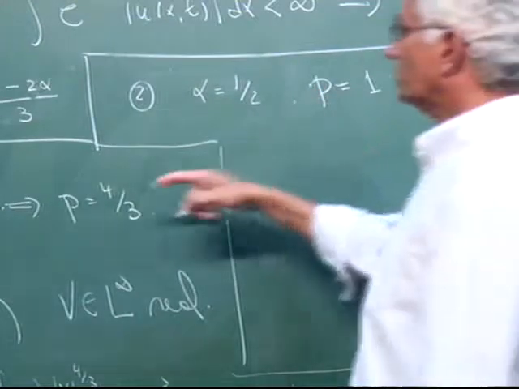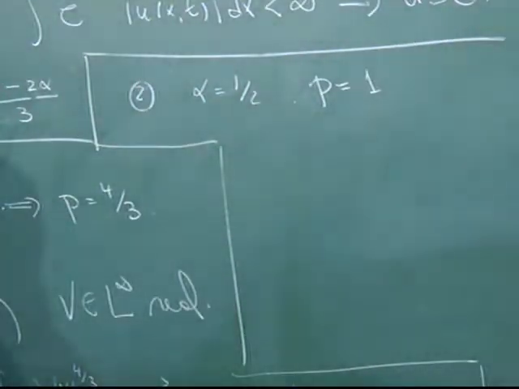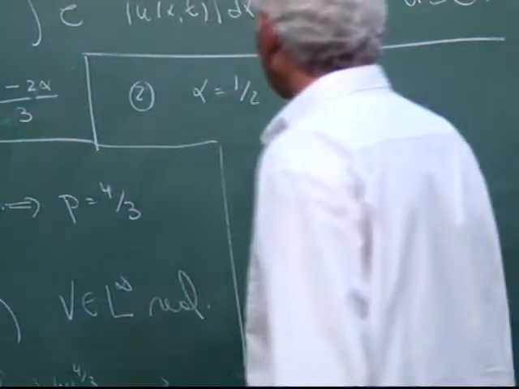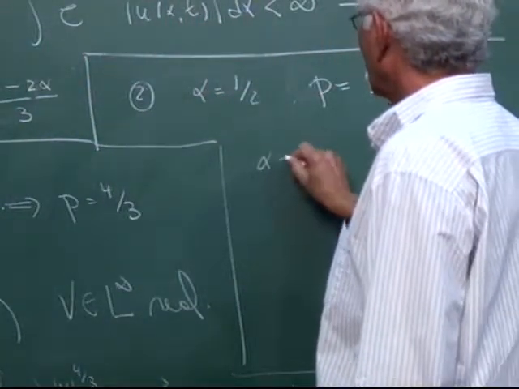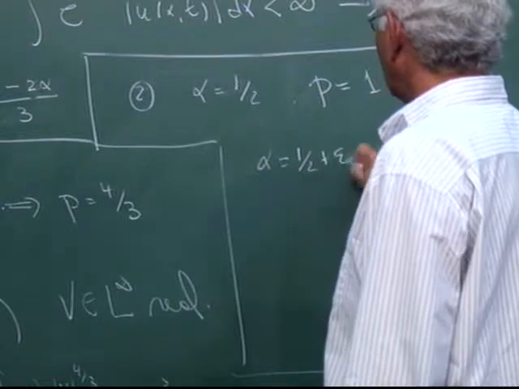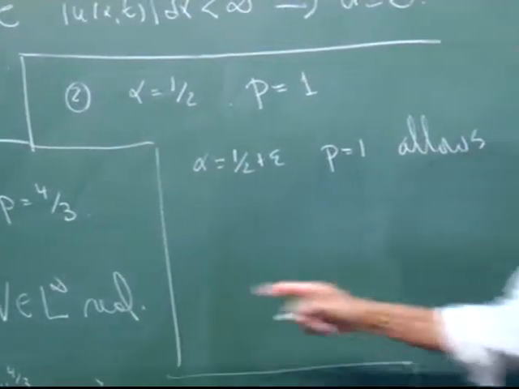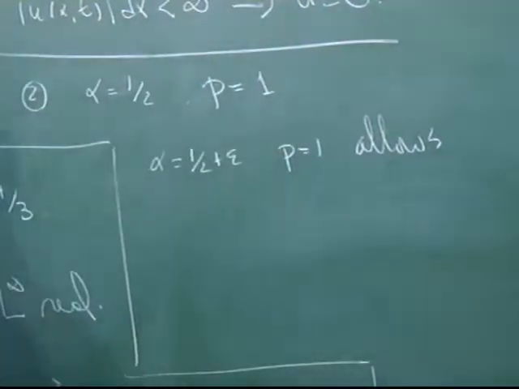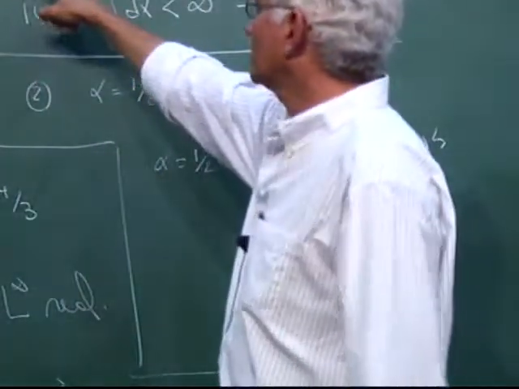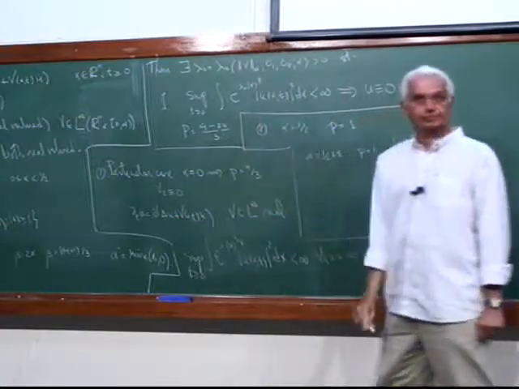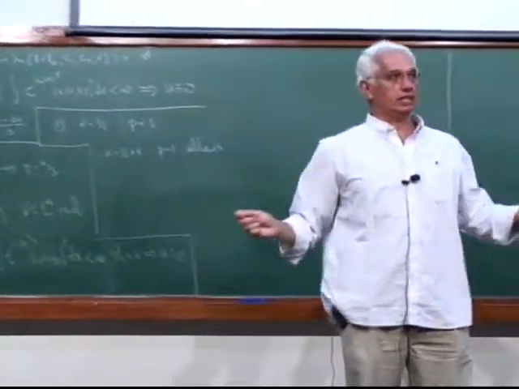Then this is not allowed here. Well, if you take alpha to be equal to 1/2 plus epsilon, P equal to 1 is allowed. If you decay a little bit more than 1/2, then you accept P equal to 1 here. That is not part of this scale.